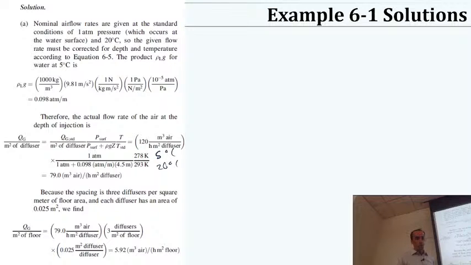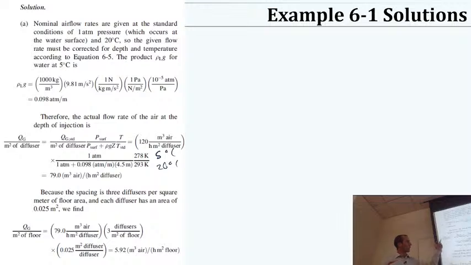So per diffuser, we can divide that by 3 because we were told that there are 3 diffusers per square meter. Okay, so that gives us, at the end of the day, the flow rate, I guess that was per diffuser, I'm sorry.